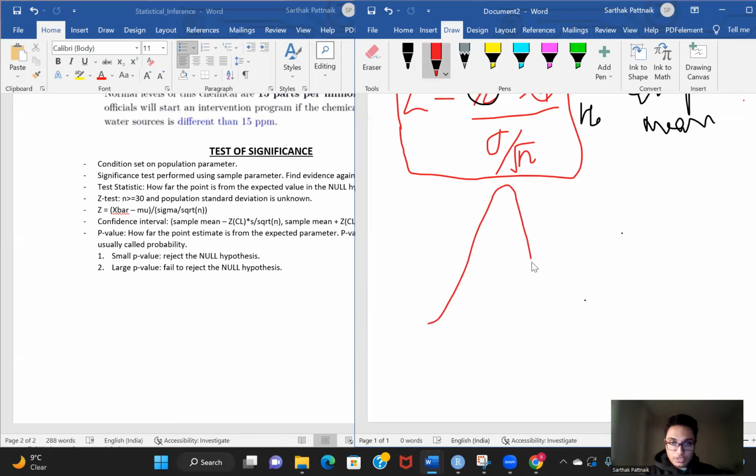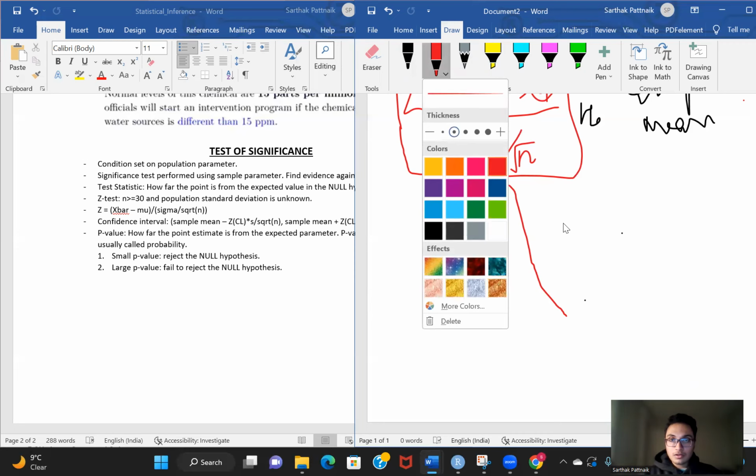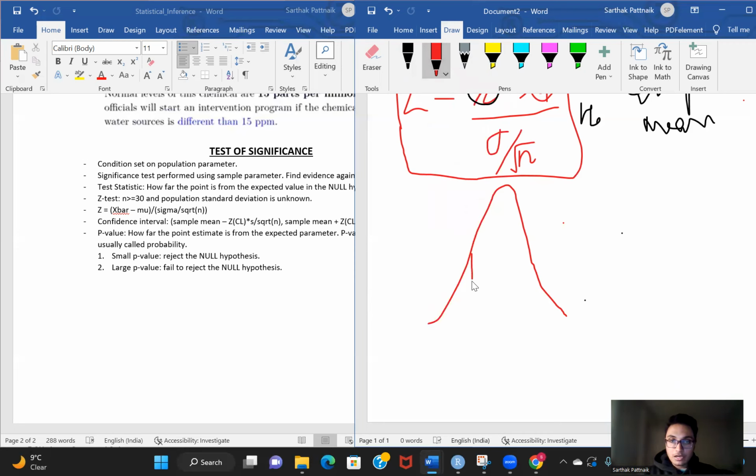What I've told you right now with respect to the confidence level and the area, basically p-value converts that concept into a concept of probability. So now rather than comparing where my point lies with respect to the confidence level, I will be calculating the probability.